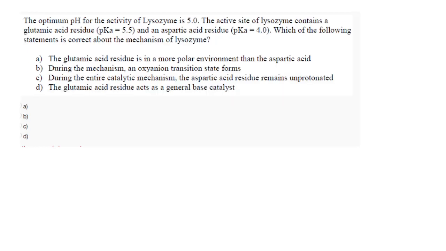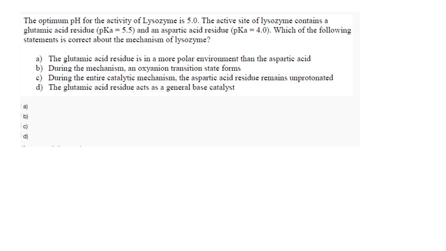Another question we have: optimum pH for the activity of lysozyme is 5.0. The active site of lysozyme C contains a glutamic acid residue, pK is 5.5, and an aspartic acid residue, pK is 4.0. Which of the following statements is correct about the mechanism of lysozyme?